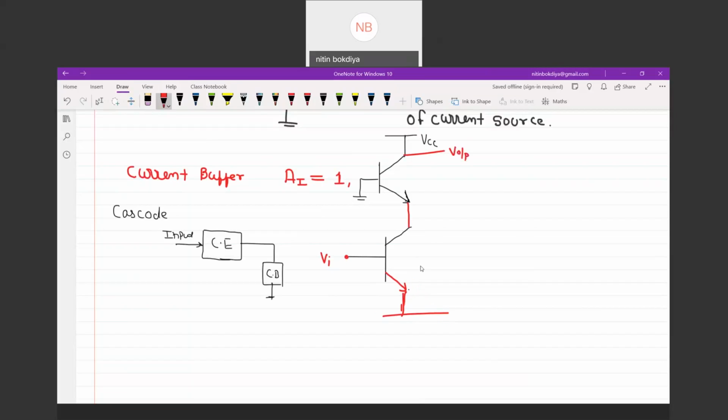So the first arrangement is common emitter and the second is common base. This configuration is known as cascode configuration.